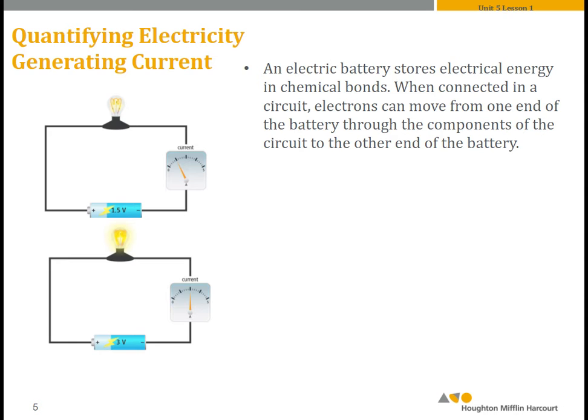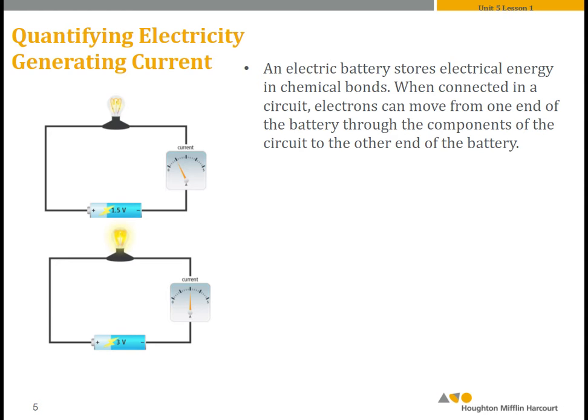The battery itself stores electrical energy in chemicals. There are chemicals inside the battery, and the energy is stored in the chemical bonds of those chemicals.